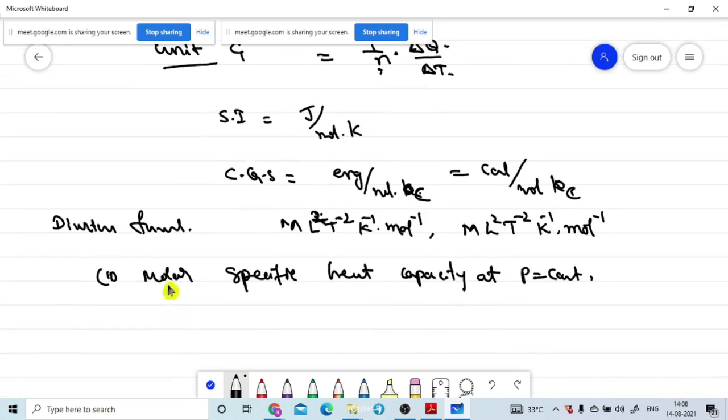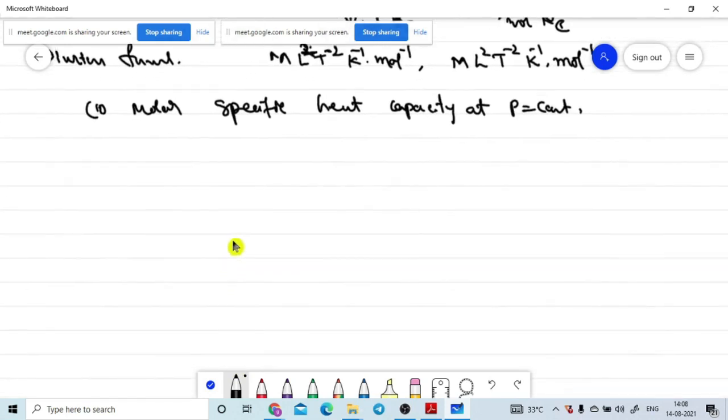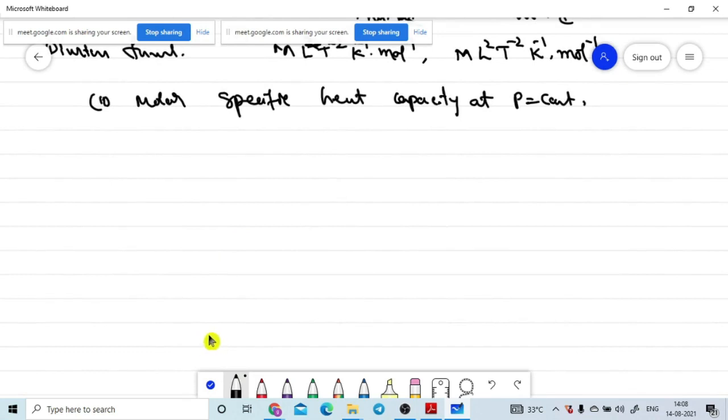Now we move to the two types of molar specific heat capacities. They are defined at constant pressure as well as at constant volume. The one at constant pressure is denoted by Cp. Cp means the molar specific heat capacity of the system at constant pressure.